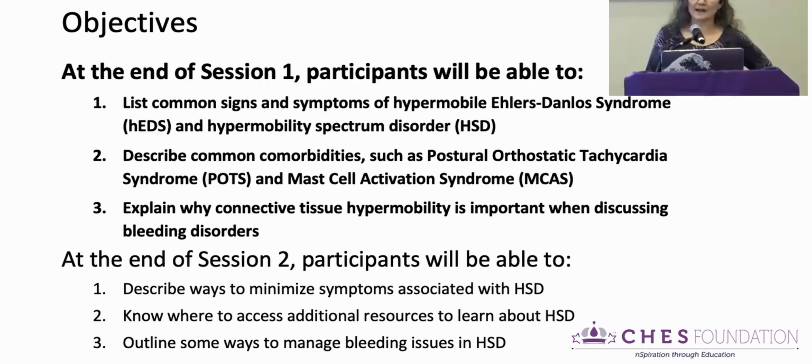And then explain why connective tissue hypermobility is relevant when you're talking about bleeding disorders. In the next hour, we'll talk about ways to manage the hypermobility, where to get more resources, and some of the issues where hypermobility might change how you manage your bleeding disorder or supplement how you manage it.